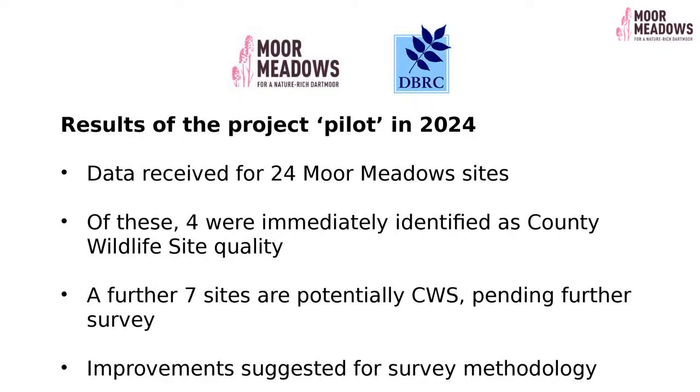We did get a lot of feedback from the Moor Meadows owners who were involved in the project. Everything from the user friendliness of the species list to what can I make a quadrat out of, to all the information that was provided and how people got on. So that's all been ploughed back into the project, excuse the pun, and we've now got, hopefully, a new and improved methodology for this year.